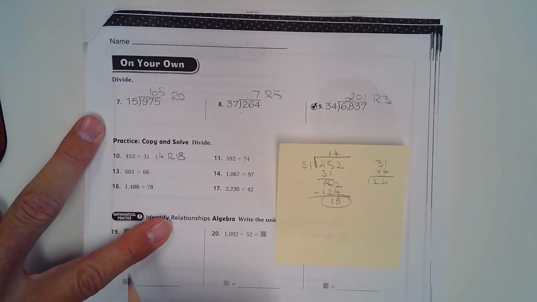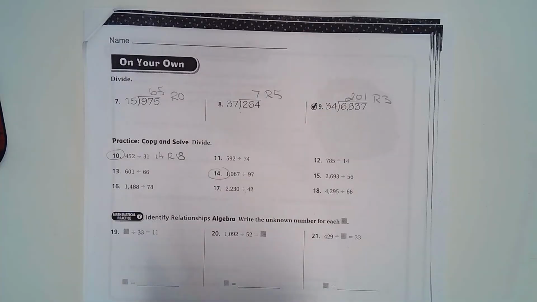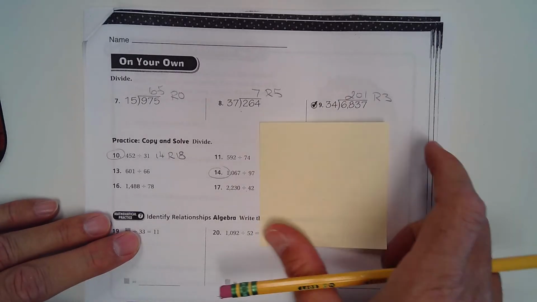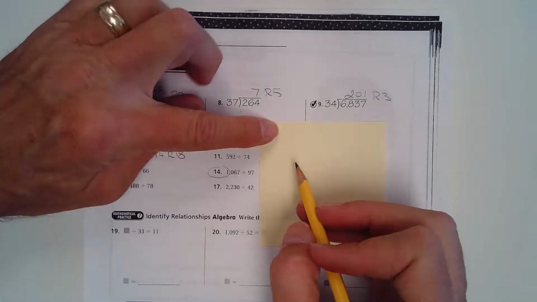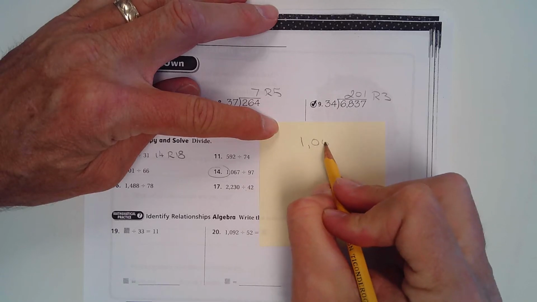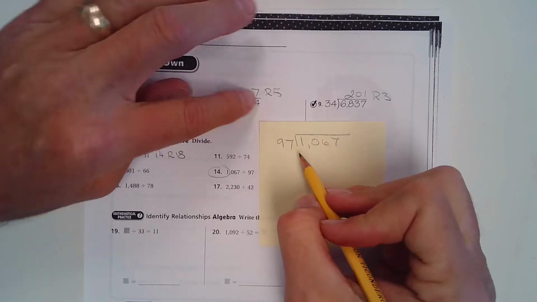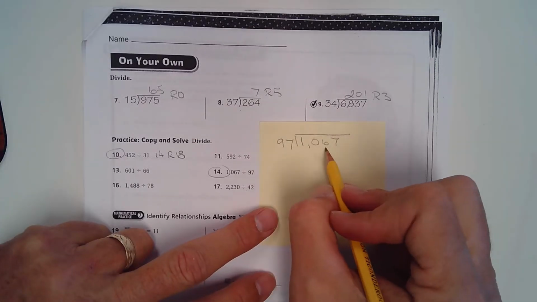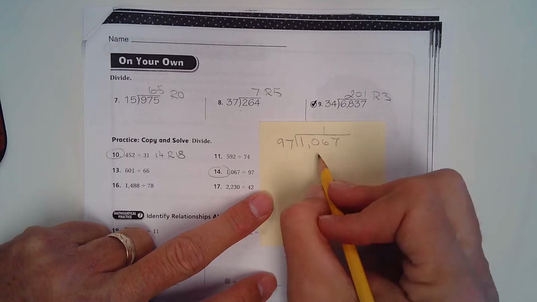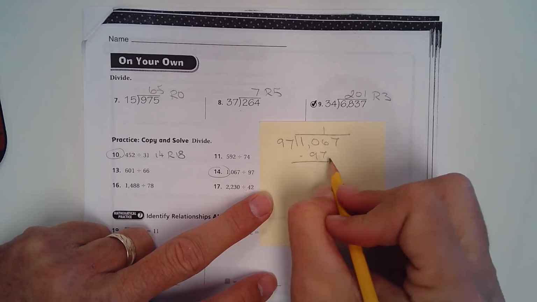Let's do 14. We did 10. Let's do 14 together here. Give myself another sticky. So we have 1,067 divided by 97. 97 doesn't go into 1, doesn't go into 10, does go into 106, goes in once, doesn't it? 97, and we're subtracting that from 106.